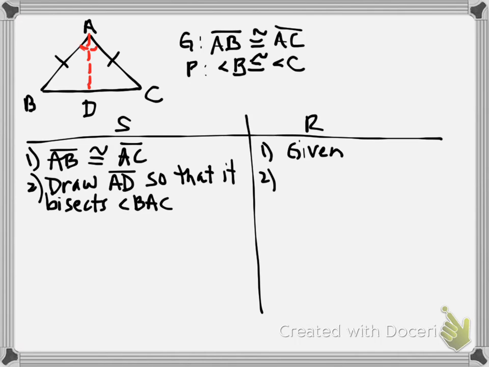What do I know is true about angles that are bisected? I would get two congruent angles, right? So what do I know that allows me to measure angles to prove that they're congruent? Drake? Okay, no definitions. Okay, yeah, because you guys are reading in your book.